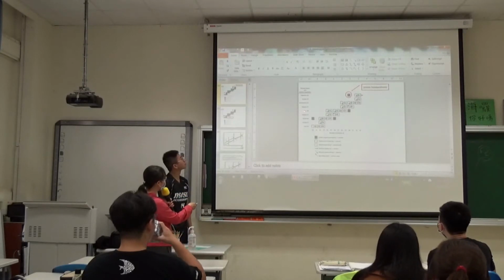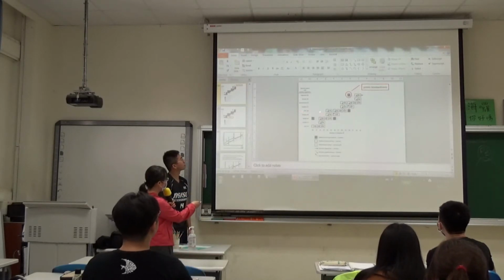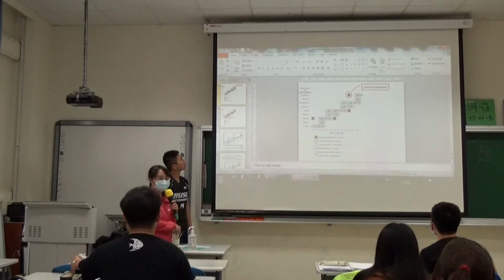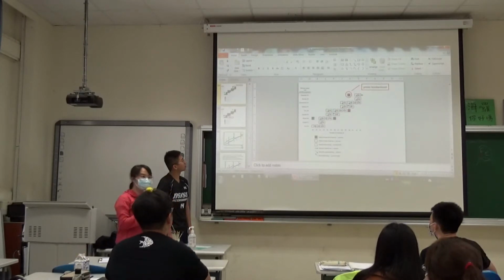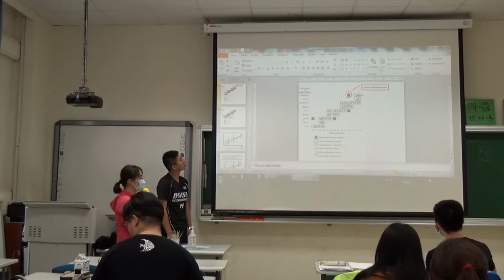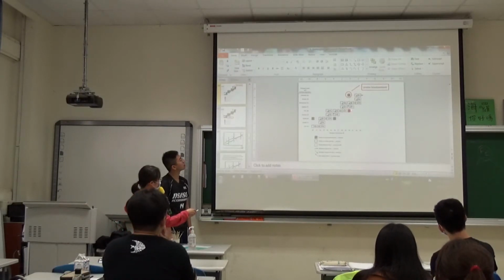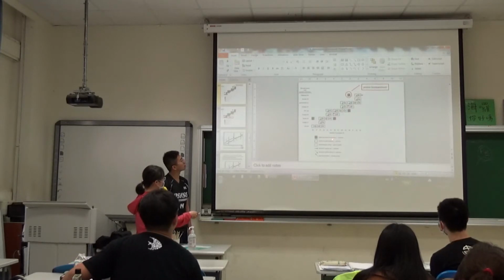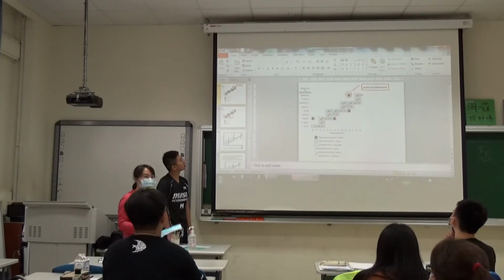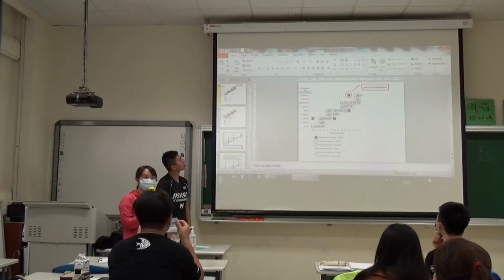This is zinc, and these are its isotopes. Zinc has many isotopes. Neutron rich means, for example, here you see this block, which says stable isotope not produced by the S process. Then which process produced this isotope? You can guess. The answer is the R process.